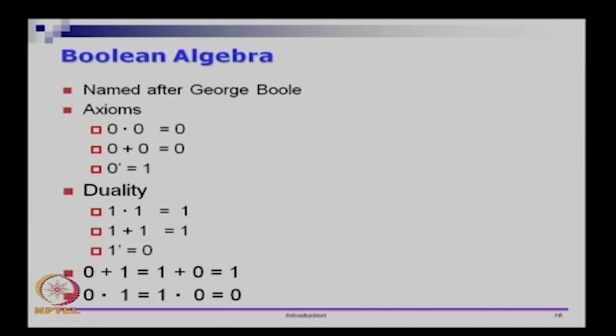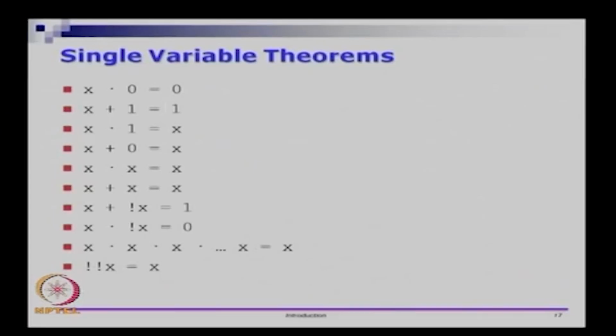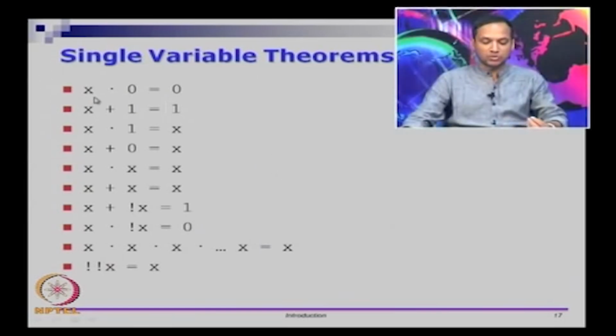Now it starts getting interesting only when we start putting some switches. So let us look at these switches, right. Let us say I have a switch which can either be on or off, we will call that switch x, the position that it takes as x, or the logical value that is attached to it as x, and these are what are called the single variable theorems. So this is where it starts resembling what you did with basic algebra in 6th standard.